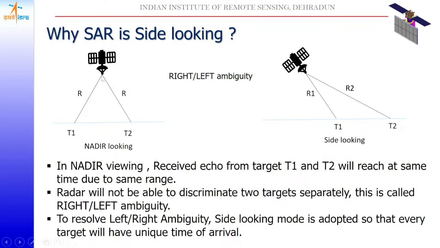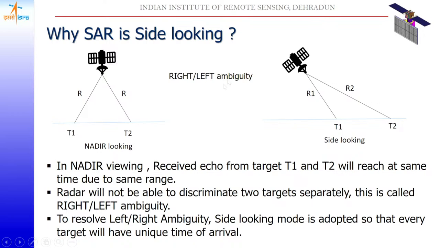But if it is nadir looking, T1 and T2 have the same range, so the SAR will not be able to distinguish these two targets separately. Okay, so we will have this left right ambiguity. So how is it solved?